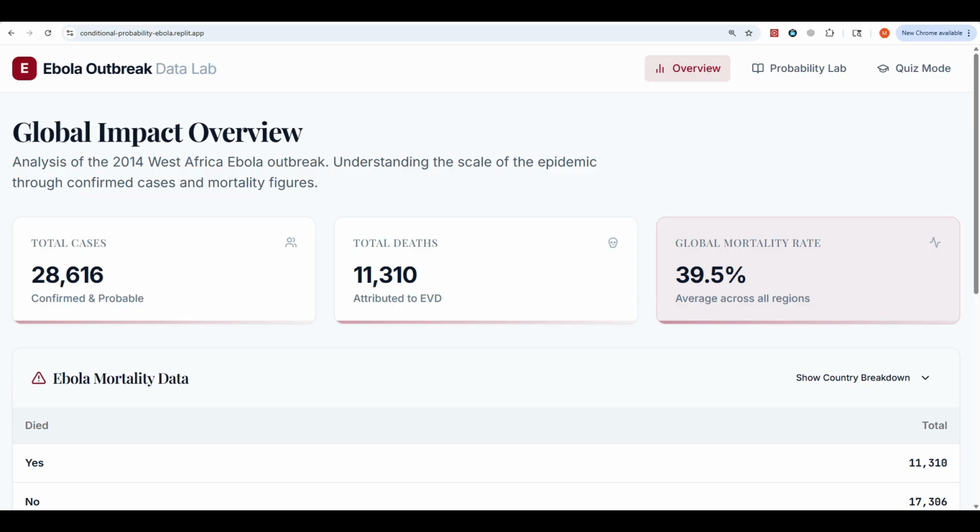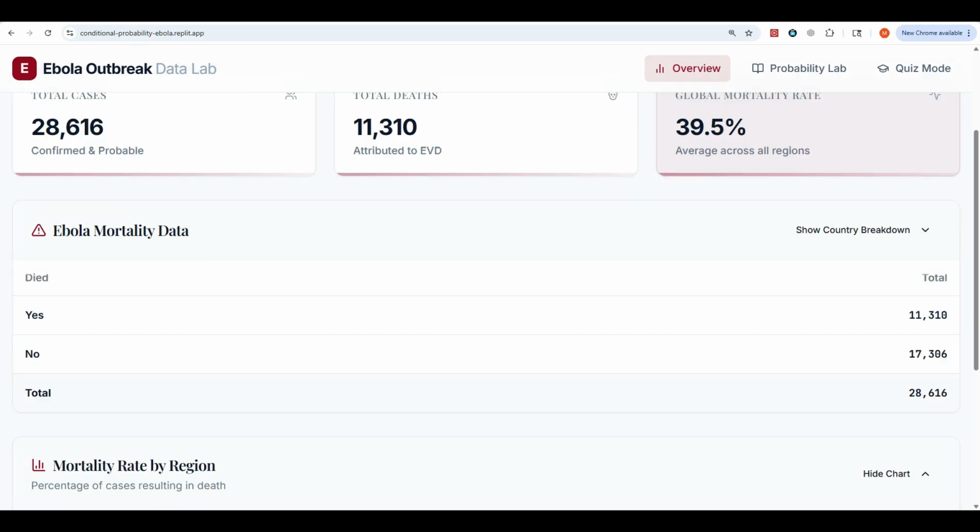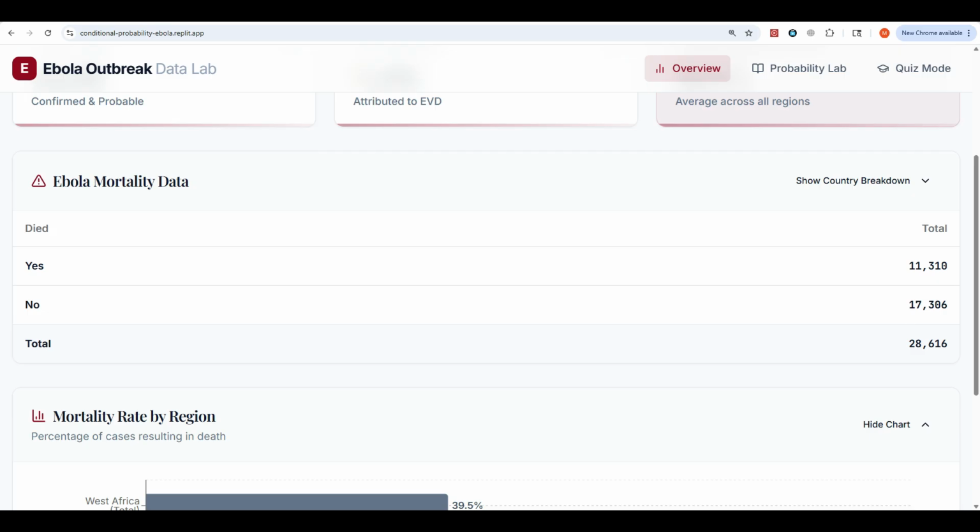And so I introduced this using that information and this little table underneath it that splits out the rows by mortality, whether they died, which is a yes, or they didn't die, which is a no, and then the total. And way over here on the right, you see those same numbers that we were looking at above.